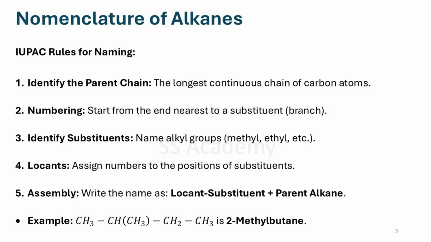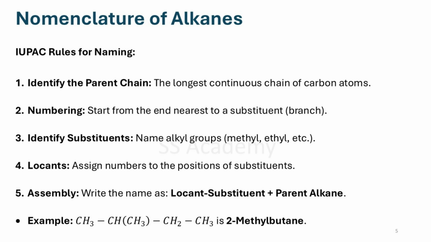Naming alkanes is like following a recipe. First, find the longest continuous carbon chain, that is your parent. Next, number the chain starting from the end closest to a branch. So that is very important. Identify your side guest or substituent, like methyl or ethyl groups, and give them a number based on where they sit.